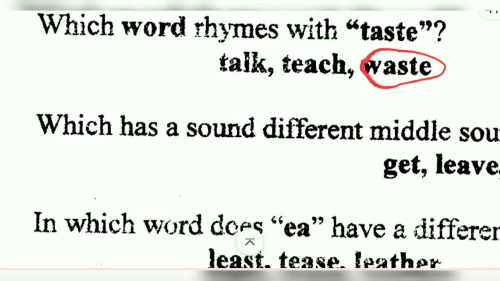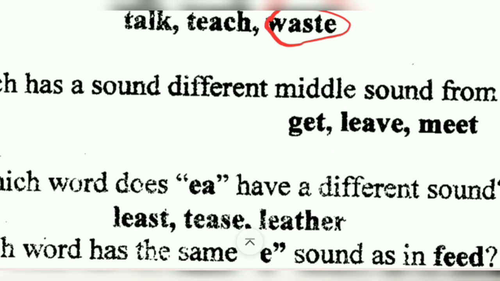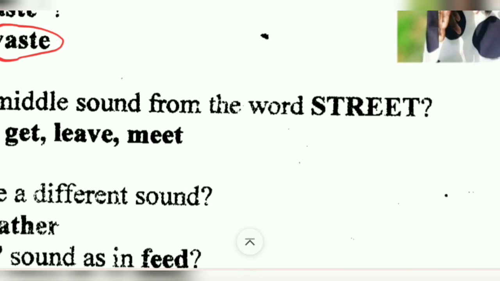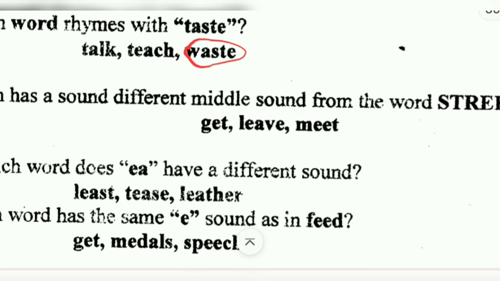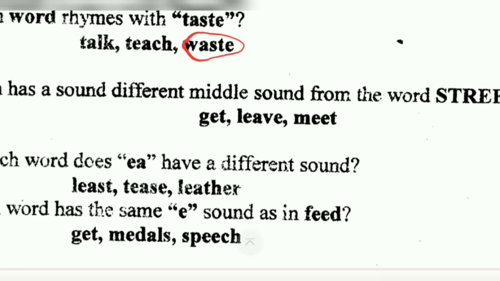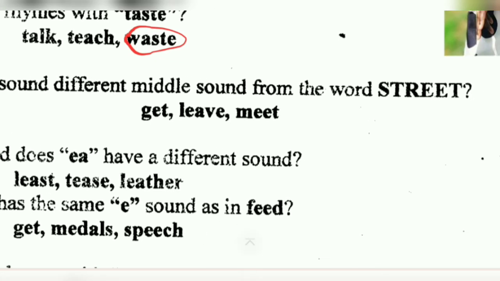Moving on, it says which has a different middle sound from the word street. This looks like some typing error. It should say which has a different middle sound from the word street. So the middle sound in street is really eat. Alright? So which has a different middle sound?